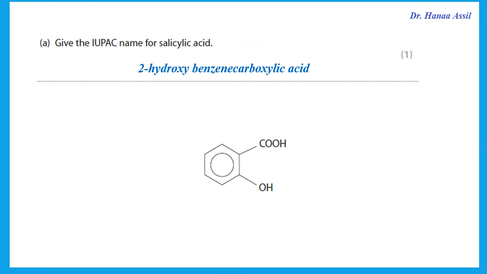This is 2-hydroxybenzenecarboxylic acid, or you could say 2-hydroxybenzoic acid. So benzene with a COOH can be referred to as benzenecarboxylic acid or benzoic acid. So this is 2-hydroxybenzoic acid.